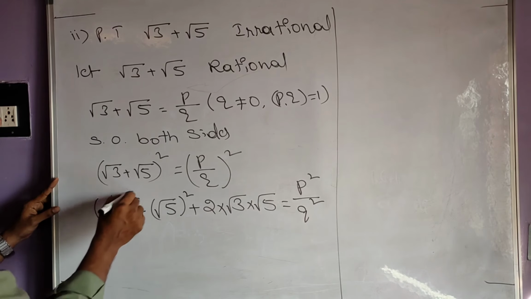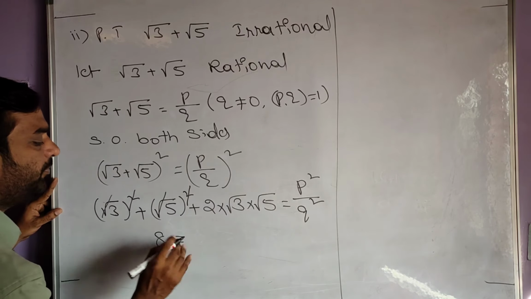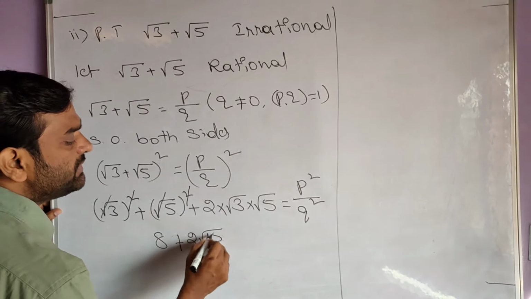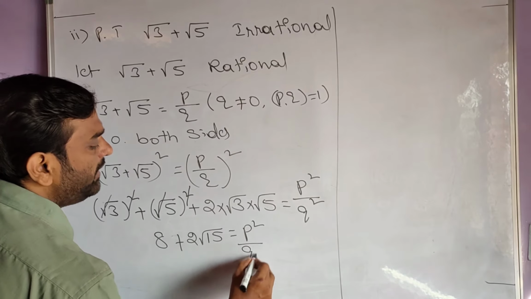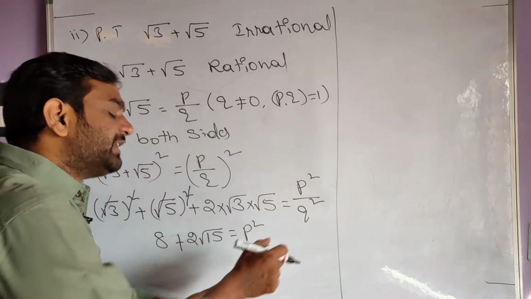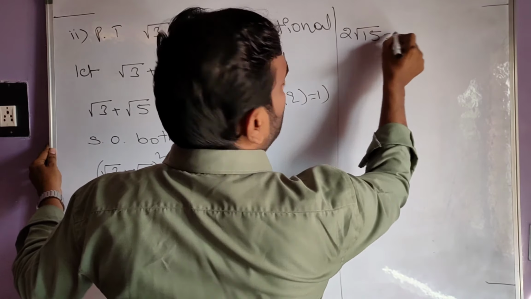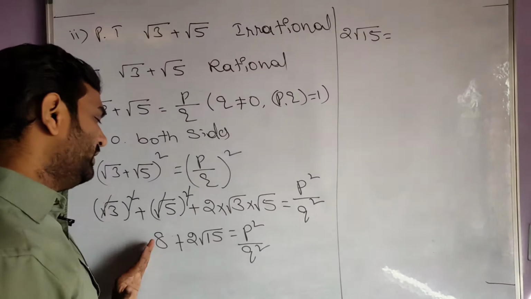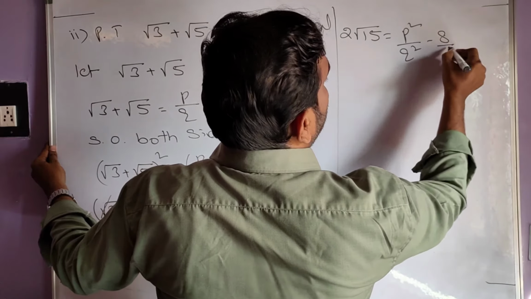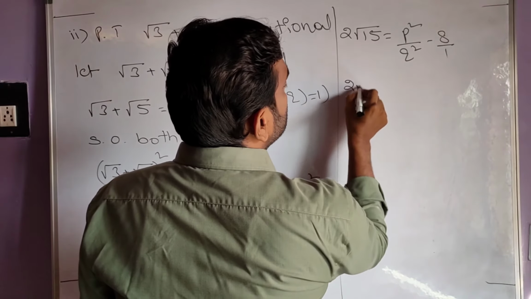Now the root squares cancel. 3 plus 5, 8, plus 2 root 3 into 5, root 15, is equal to p square by q square. Now this 8, this integer, coming to this side becomes minus, so 2 root 15 is equal to p square by q square minus 8, which can be 8 by 1.